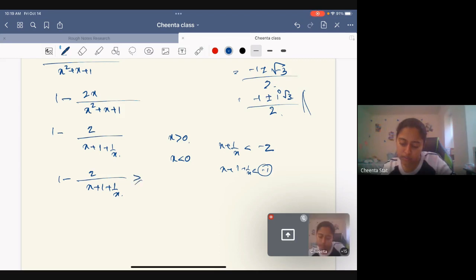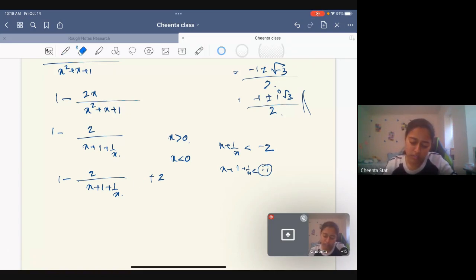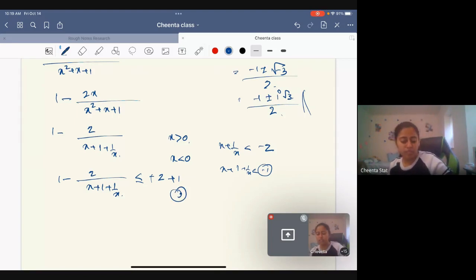It will change the inequality. Plus 2 plus 1, it is coming the upper bound 3.